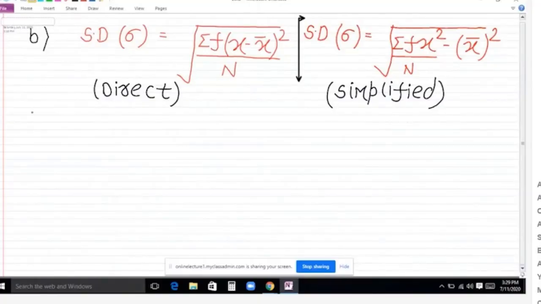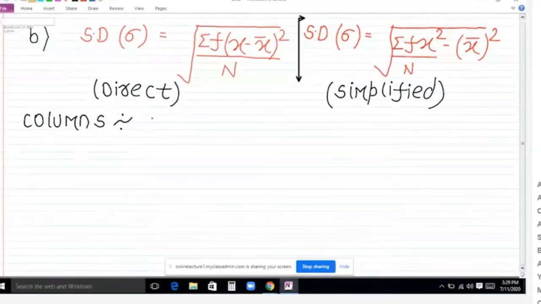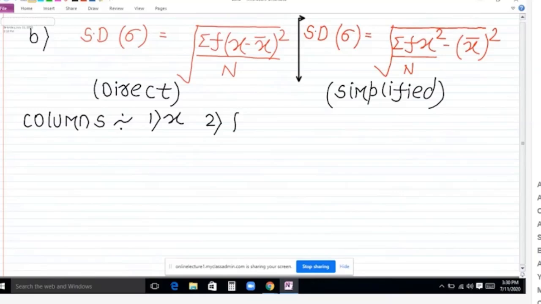If we are solving the sum with respect to ungrouped data with frequency, in that case you will have to construct the table in which the first column will be for x, the second column will be for f, the third column will be for fx, the fourth column will be for x squared, and the fifth column will be for fx squared.